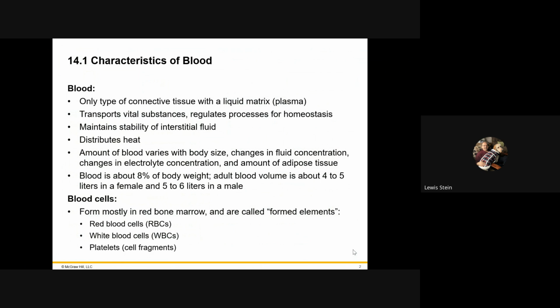Well, blood's a liquid, where are all the fibers? The fibers are called fibrinogen, and fibrinogen is produced as one of the proteins within this particular connective tissue, except the fibrinogen happens to be soluble, which means it's dissolved.